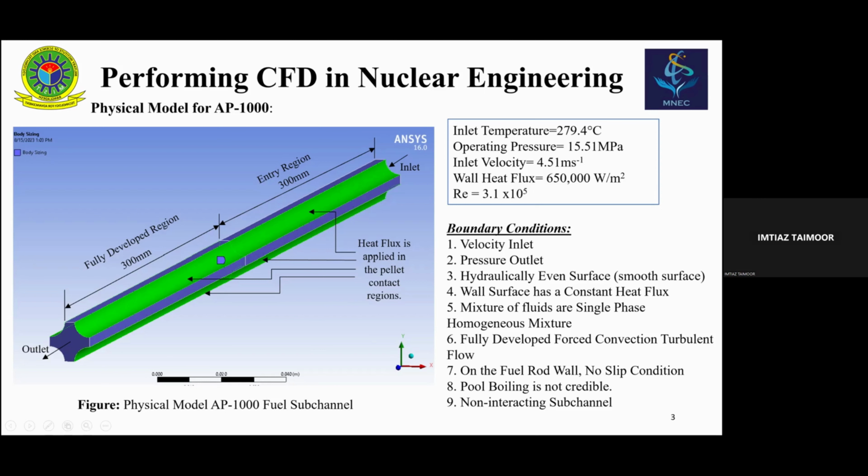You can find it in IRIS, or in different papers or any design document of the AP1000 reactor. Next is the operating pressure, the pressure maintained throughout the primary circuit. The same pressure is maintained within the fuel subchannel. Third is the inlet velocity, the velocity at which the water enters the fuel subchannel.